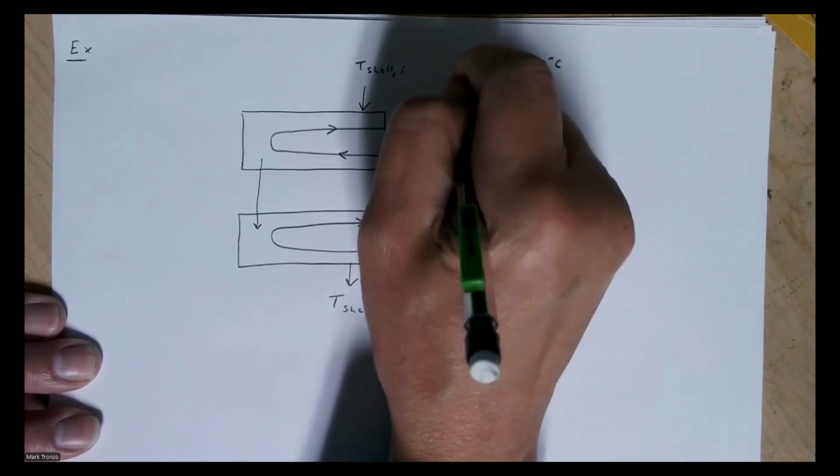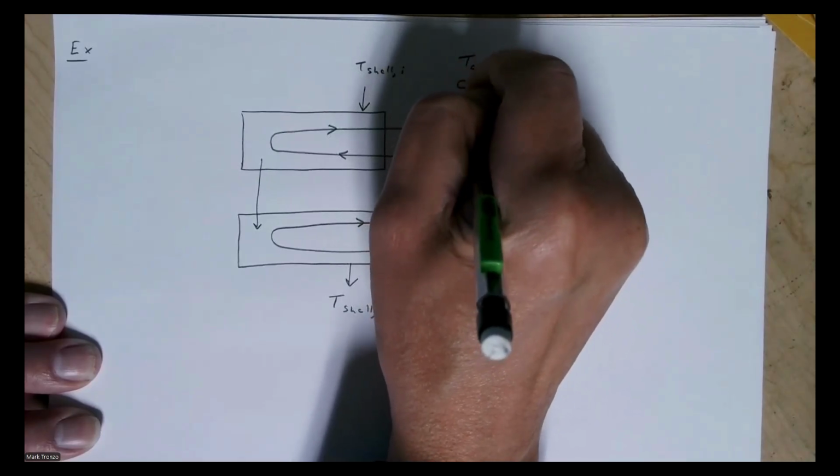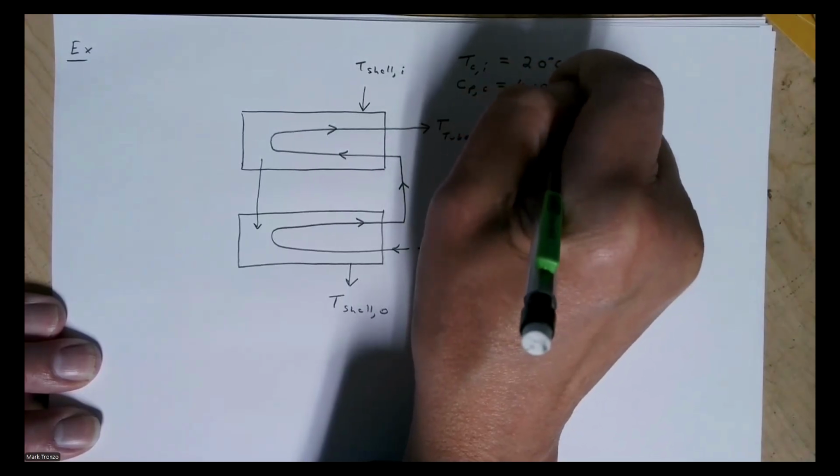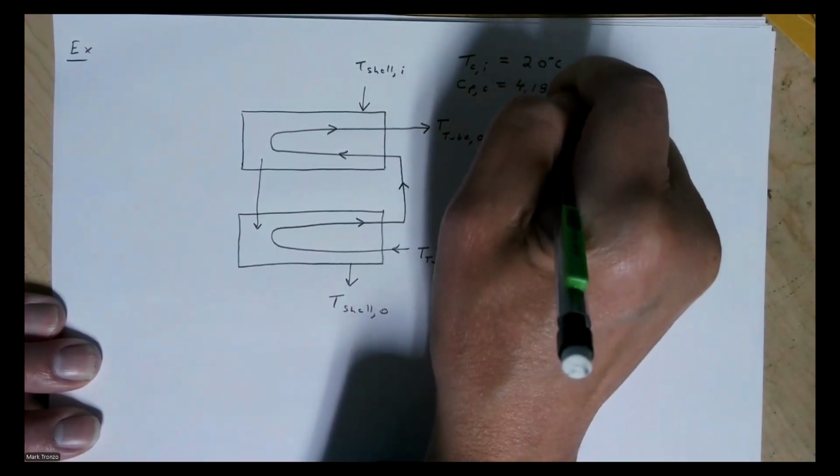And we do know that Cp of the cold is approximately 4.18 kilojoules per kilogram K.